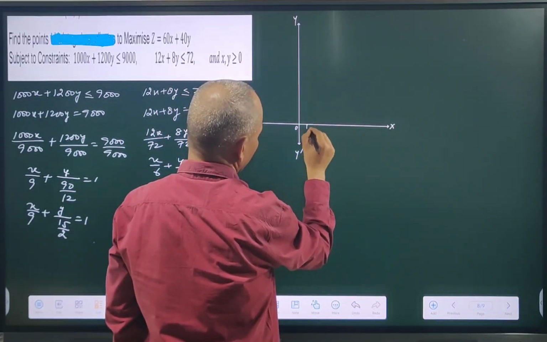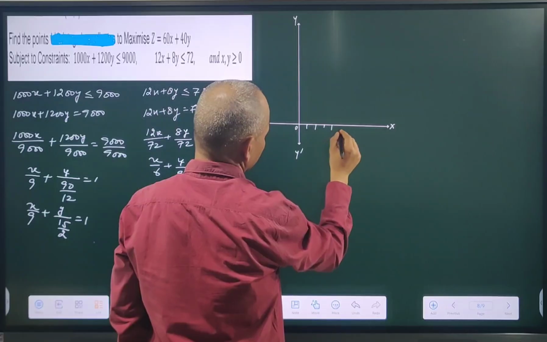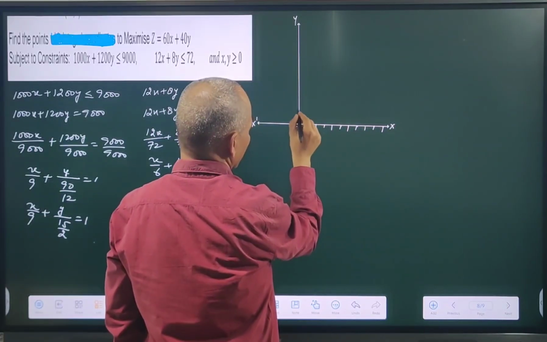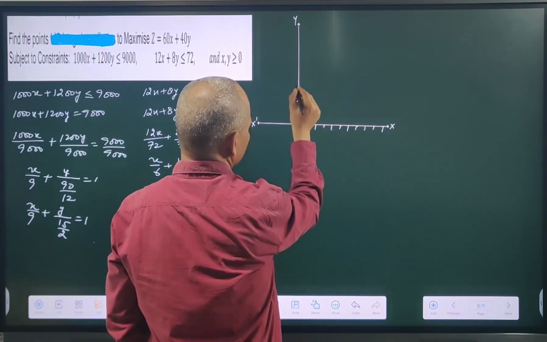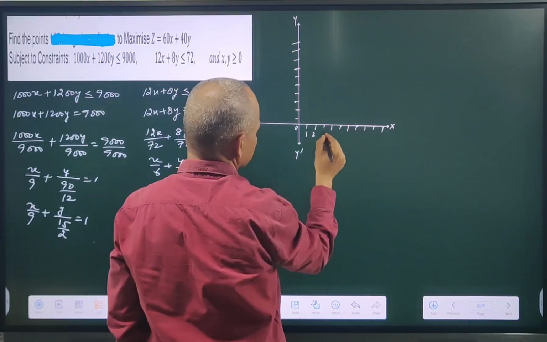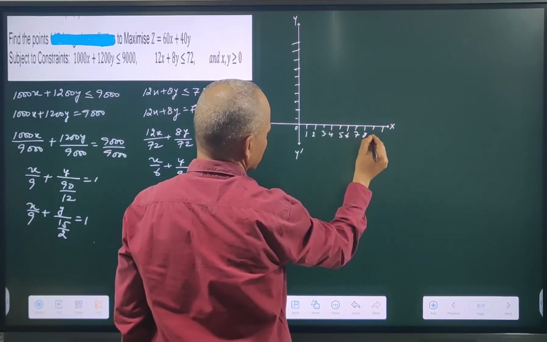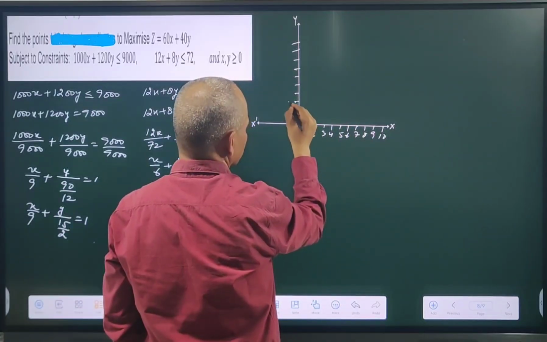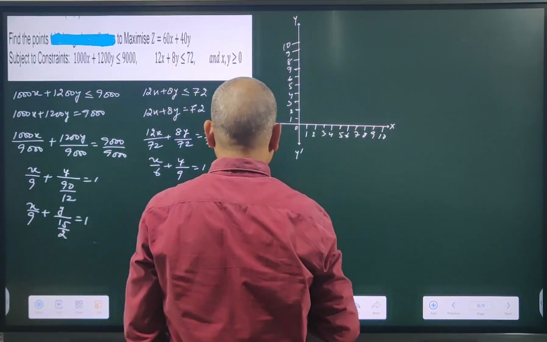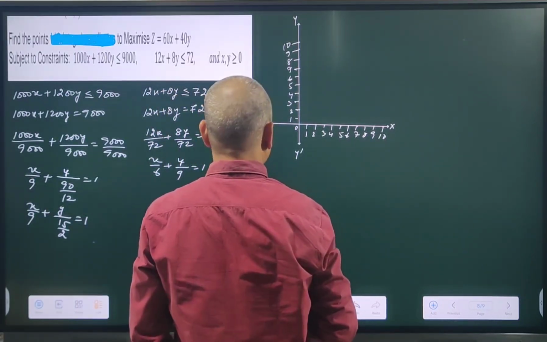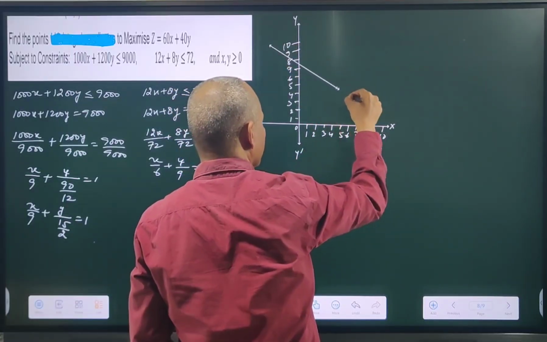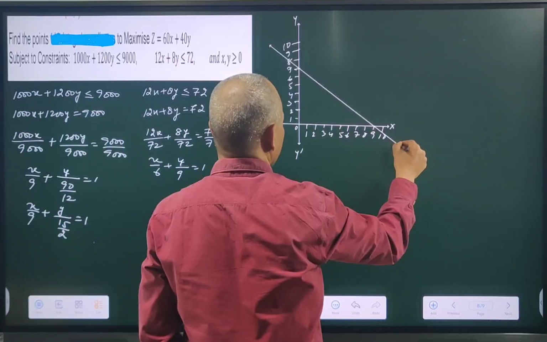So 1, 2, 3, 4, 5, 6, 7, 8, 9, 10 on both axes. On x, we have to mark 9, and on y, 7.5.